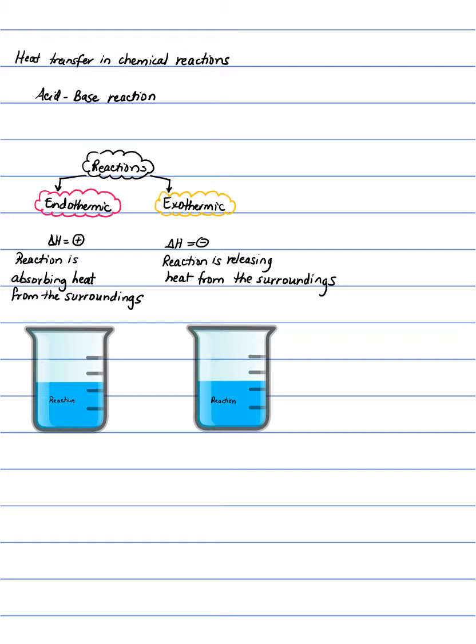So if delta H is positive, that's representing an endothermic reaction. If you have a delta H value with a negative sign, that represents an exothermic reaction. So for endothermic, the reaction is absorbing heat from your solution. For exothermic, the reaction is releasing heat into the solution.